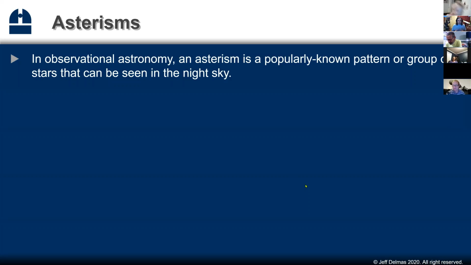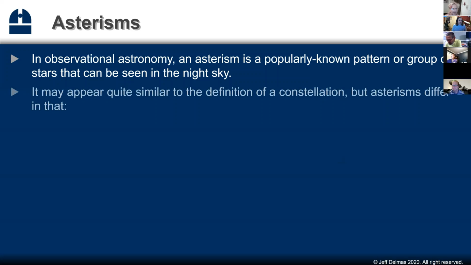In observational astronomy, asterisms are often more useful to us than constellations. Because there are no boundaries in the sky, it's hard to know whether you're in one constellation or another unless you look it up on a map. And it's really the maps that matter when you're dealing with one constellation or another. But asterisms are popularly known patterns or groups of stars that can be seen.